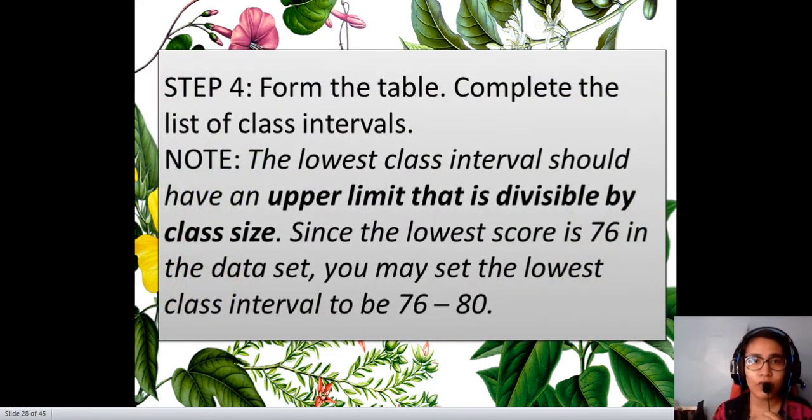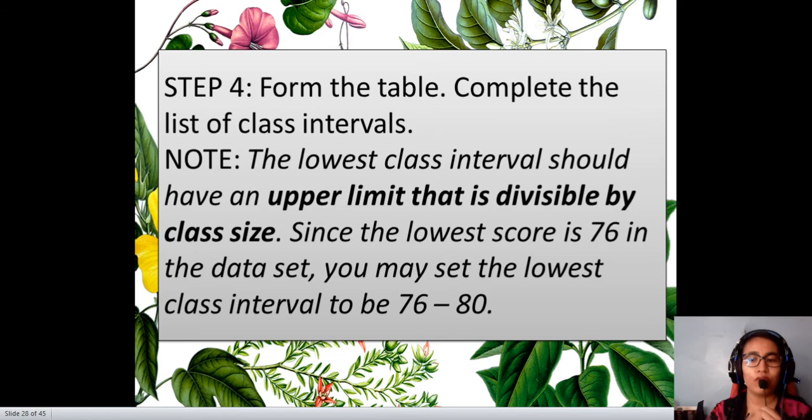After step 3, we have step 4. We're now going to form the table. We're going to complete the list of class intervals. The lowest class interval should have an upper limit that is divisible by the class size. Since the lowest score in the dataset is 76, you may set the lowest class interval to be 76 to 80.